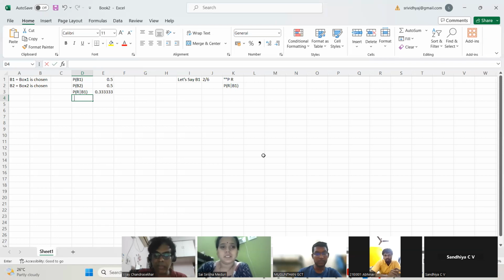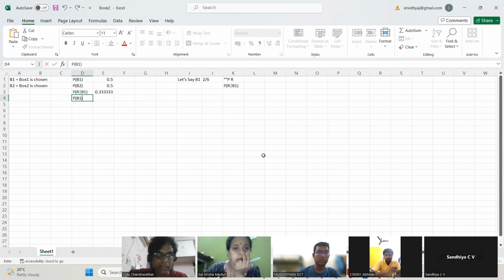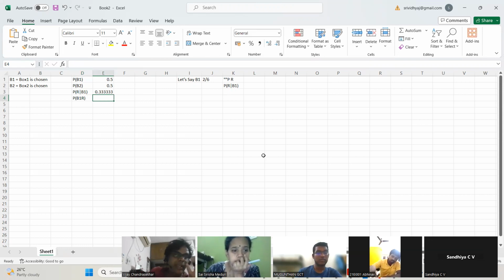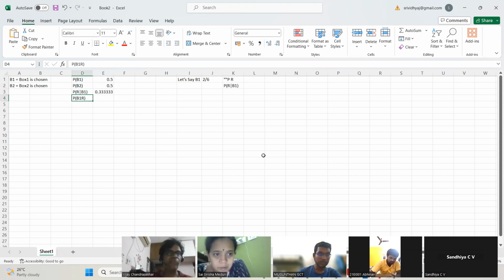So this would be probability of B1 and R, okay? All right. Now, given this information, how can I write this in a form that will make use of whatever I already have? Can somebody help me with that?